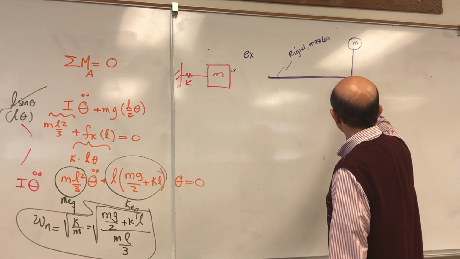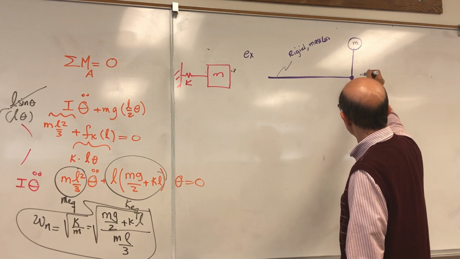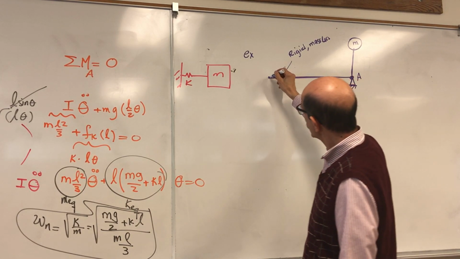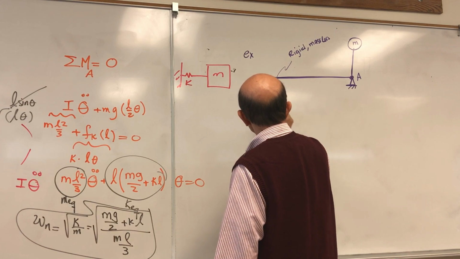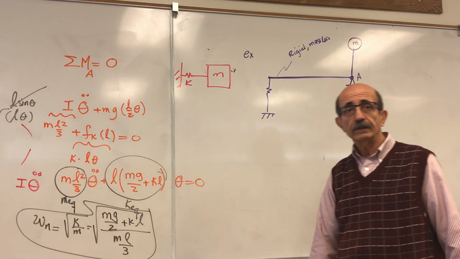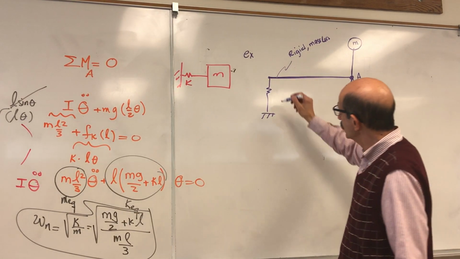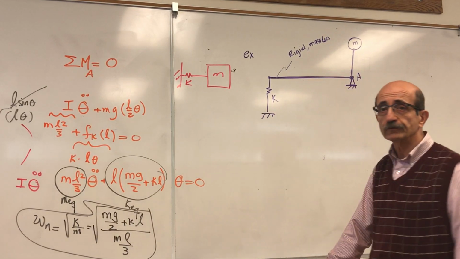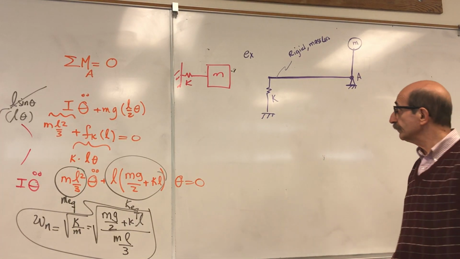This rigid bar is pinned here, so there's a pivot point at point A, and a spring is attached to this tip of the bar, with a stiffness coefficient K. Okay?